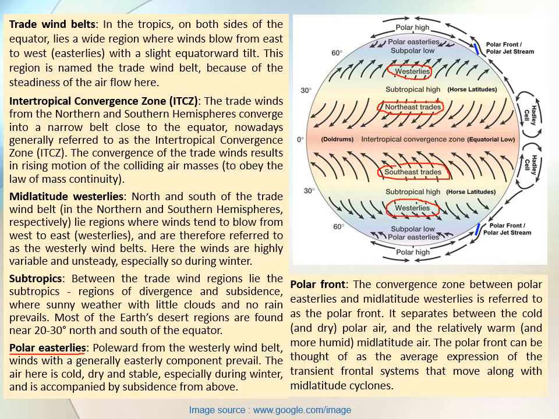Again, due to the Coriolis effect, these polar winds are deflected to the right, to the east in the northern hemisphere, and in the southern hemisphere, they are deflected to the left, that is to the west. Now again, as these surface polar winds are coming from the eastern side, they are named polar easterlies.